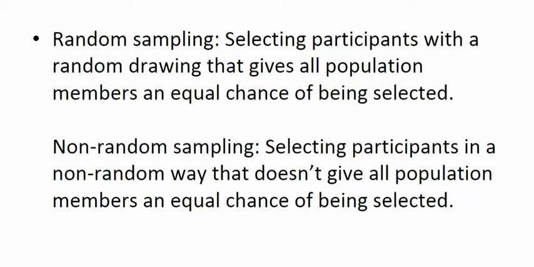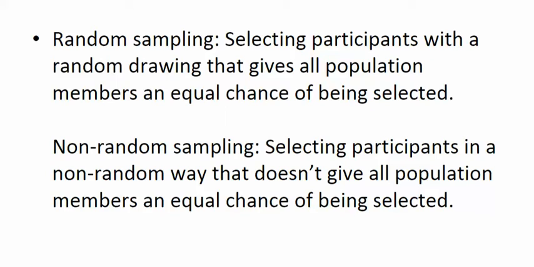Well, the amount of bias that will happen depends on a couple of things. It depends on how many people don't respond, how many people refuse to participate, and it also depends on if the non-responders are different than the responders. So the worst situation would be if a large number of people refuse to participate and those people are different than the people who did agree to participate, because then you're losing a big piece of your sample, and you're also losing a lot of one type of person.